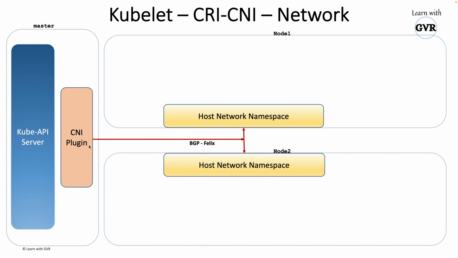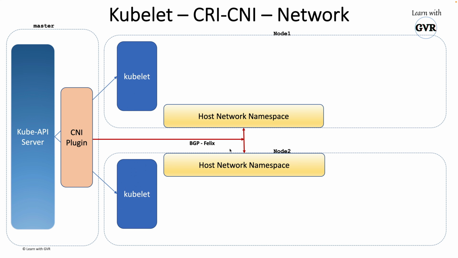Now these multiple host network namespaces are connected by the CNI plugin, which is an overlay network. One example is Calico, which I am using, which uses BGP and Felix. Each individual CNI plugin uses its own technology, right?